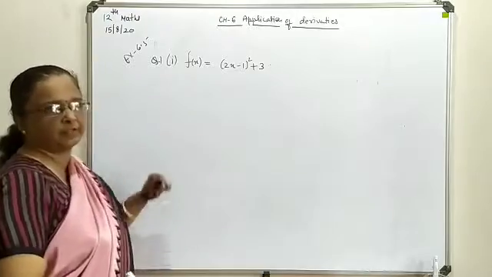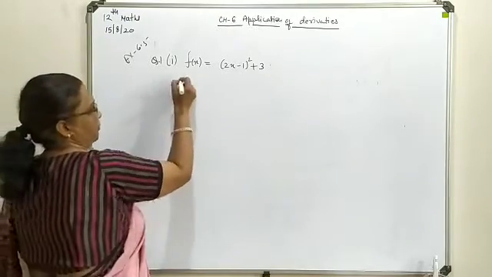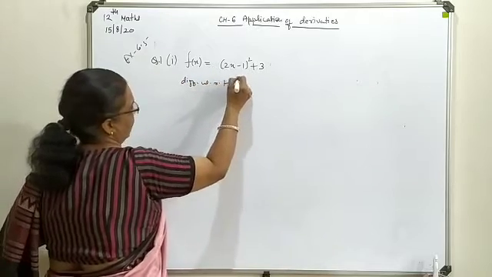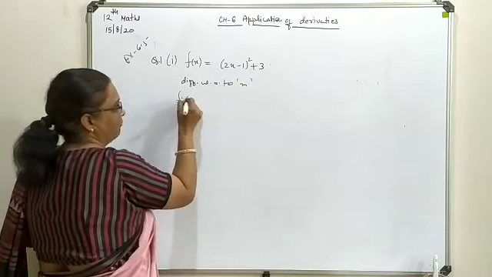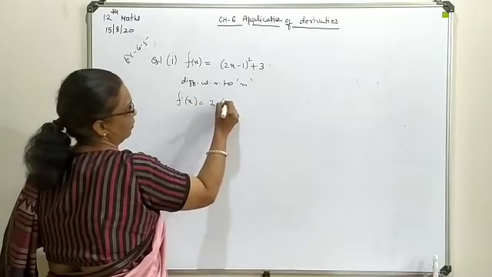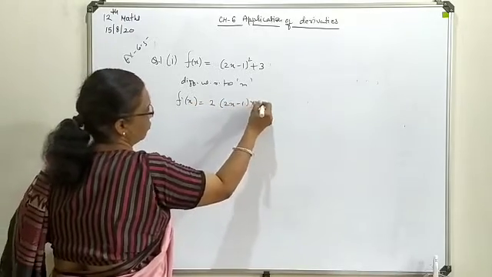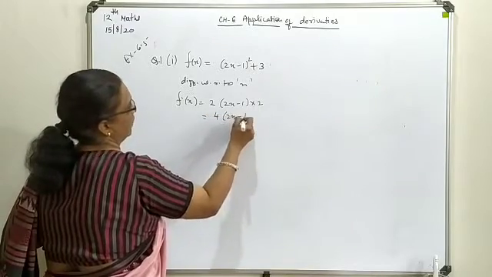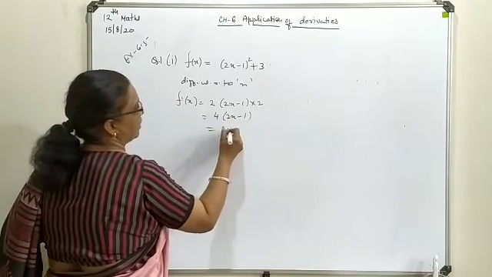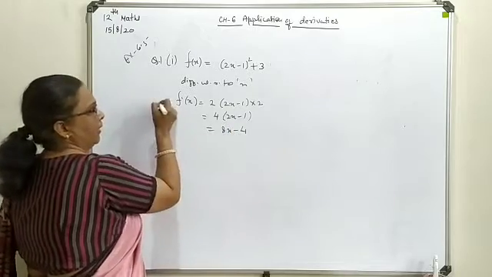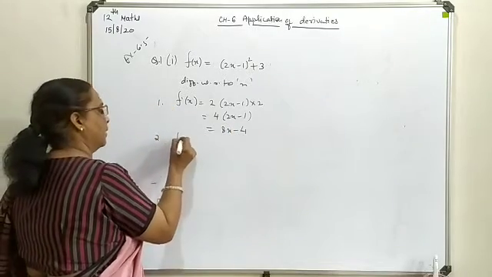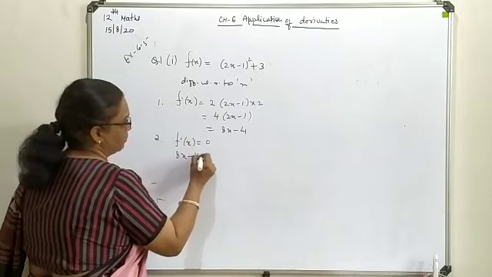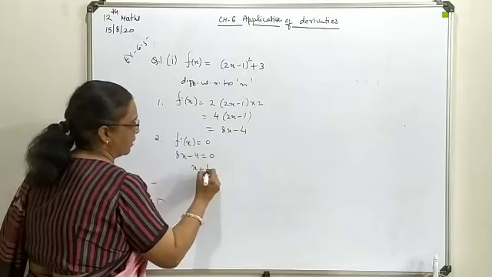The first step is to find its derivative. Differentiating with respect to x, f dash x is 2 times (2x minus 1) times 2, which is 4 times (2x minus 1), or 8x minus 4. That is the first step. Second step, make f dash x equal to 0, meaning 8x minus 4 is 0, so x comes out as half.